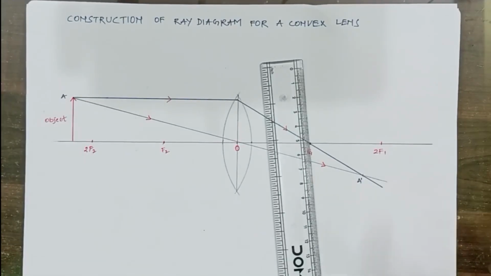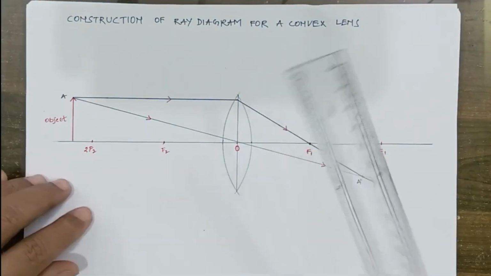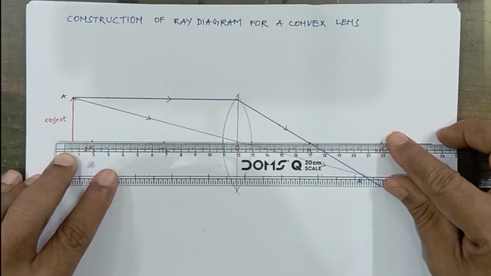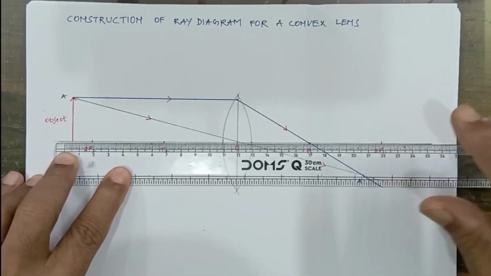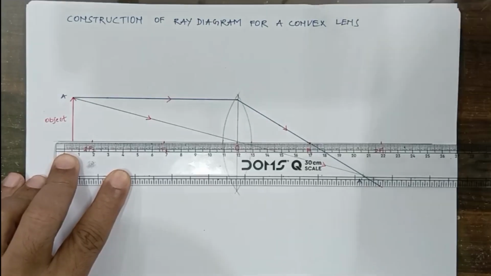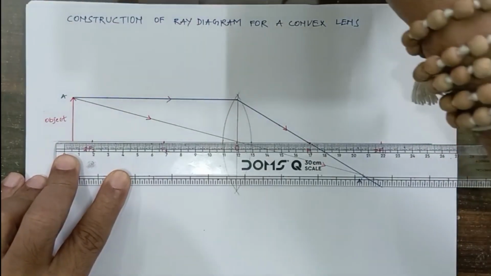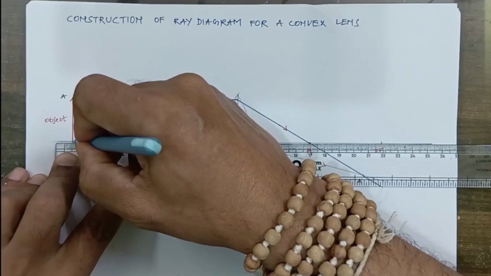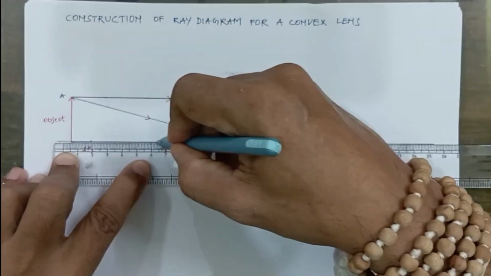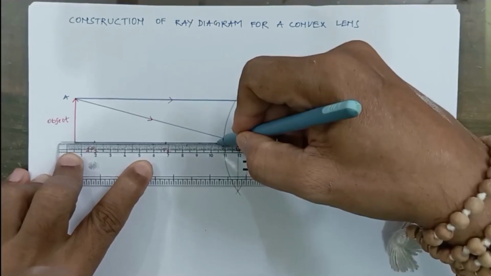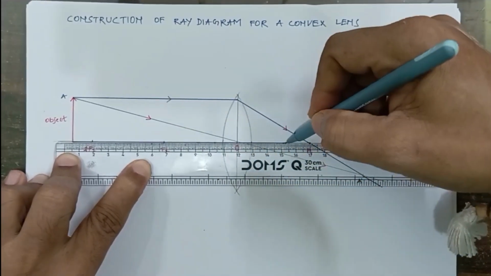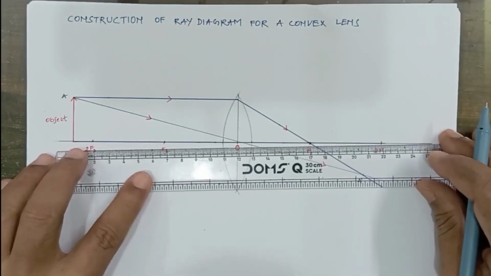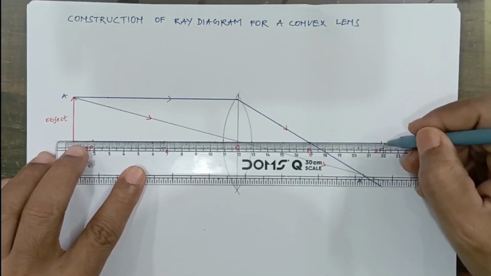Similarly, if you consider an incident ray that is incident along the principal axis to form the image of the base point of the object, this is all following through the optical center and it will pass along the principal axis.